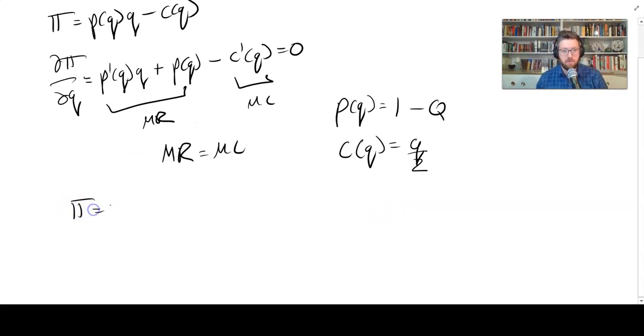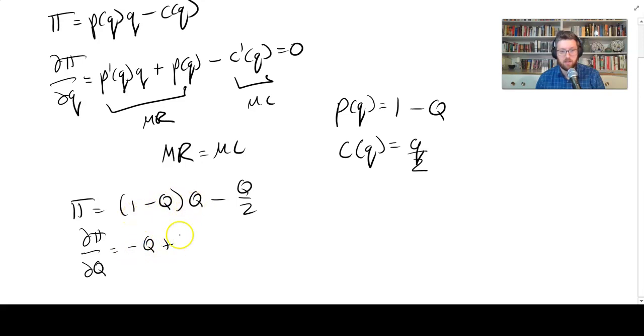Setting this up, we can substitute in 1 minus Q for our price, times Q, minus Q over 2. Take the derivative with respect to Q. The derivative of the first term is negative 1 times Q. The derivative of the second term is 1 times 1 minus Q. The derivative of the cost is 1/2.